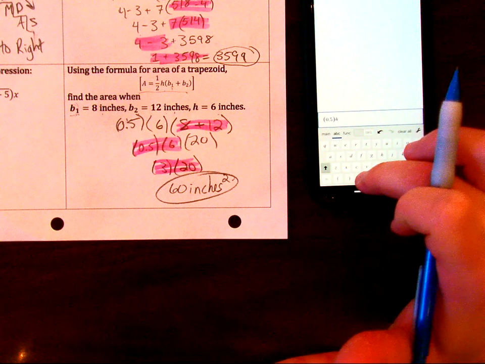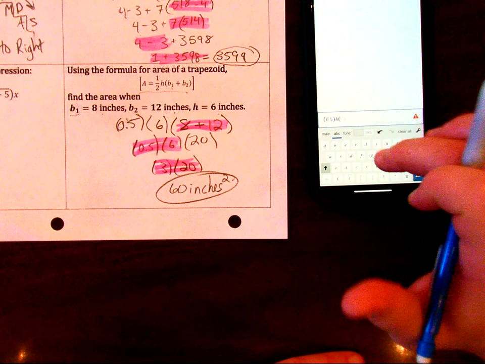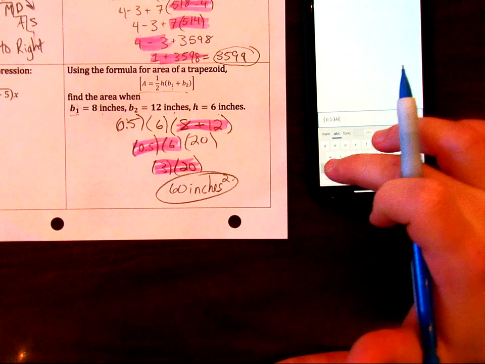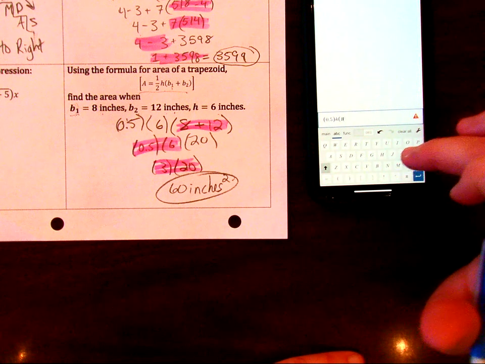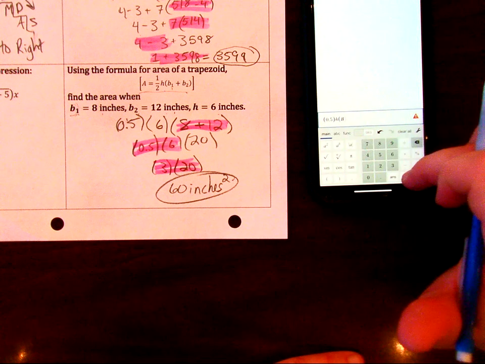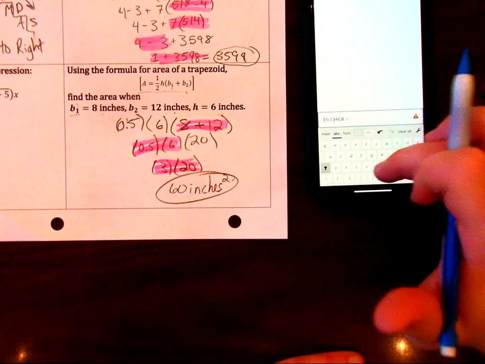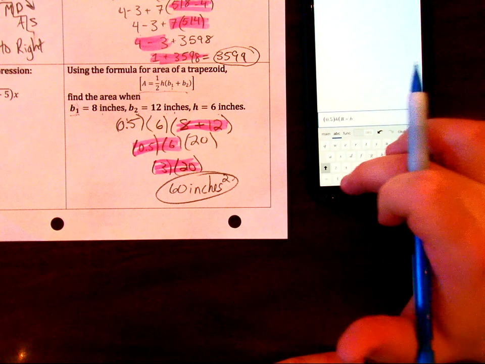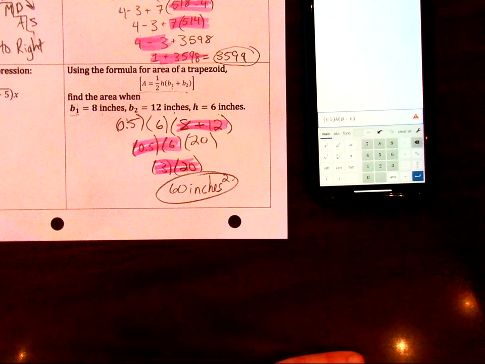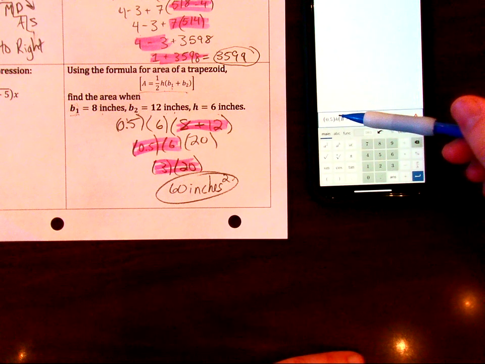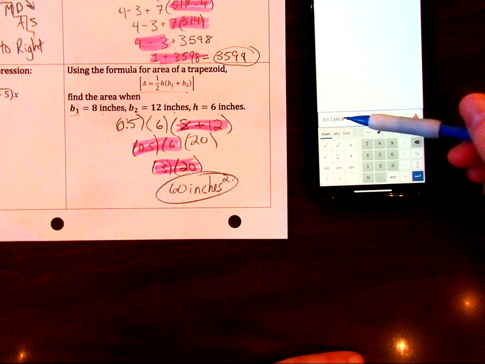And then times, I'm going to actually do a capital B for the first one. And then I have plus, and then I'm going to use a lowercase b for the second. Okay. So it has 1/2 times the height times the first base plus the second base.